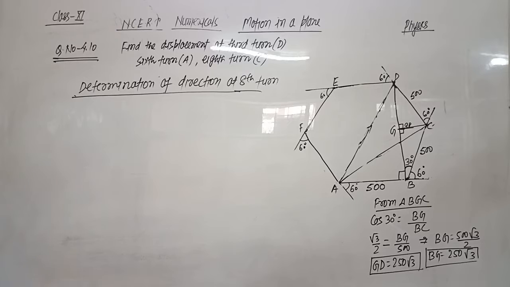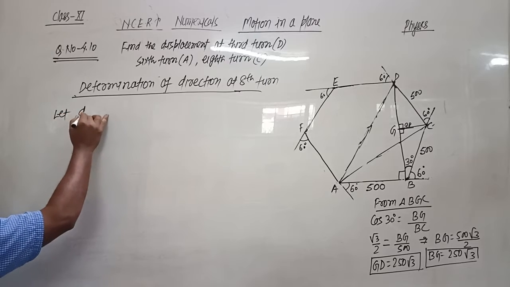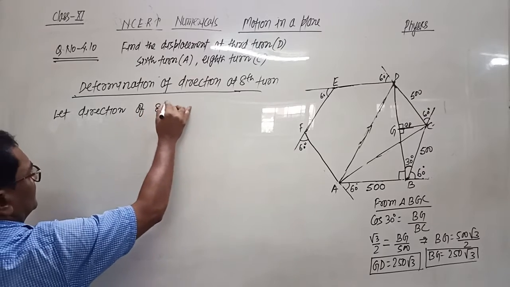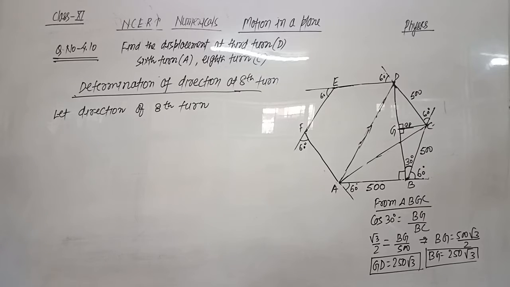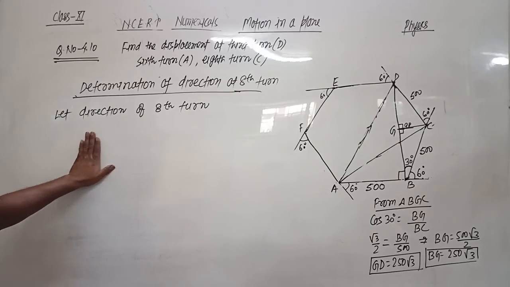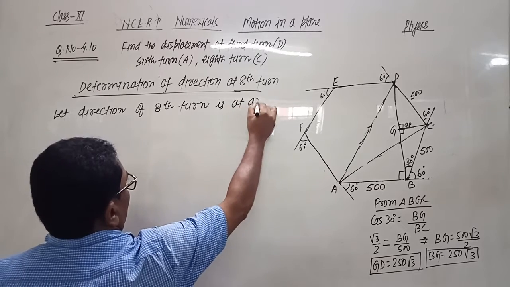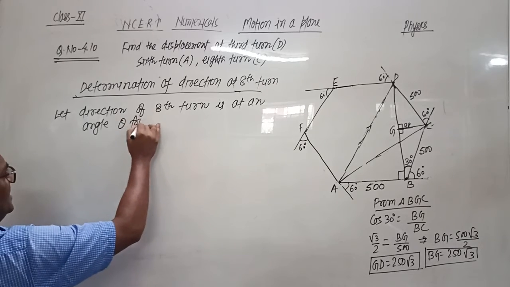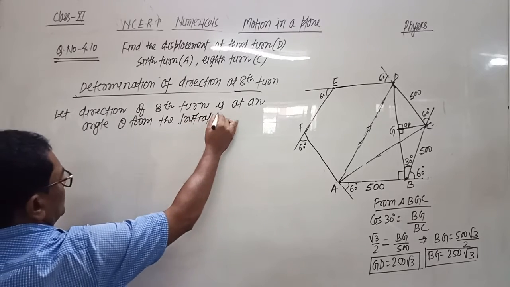Let the direction of the resultant at the 8th turn be at an angle theta from the initial position.